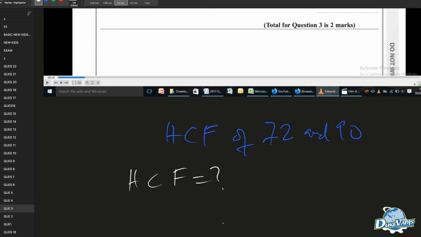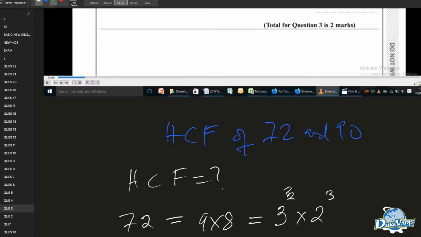We have to use prime factorization, because 72, we all know, is given as 9 times 8. And we can write this as 3 raised to the power 2 times 2 raised to the power 3, because when we multiply 3 by 3 we get 9.